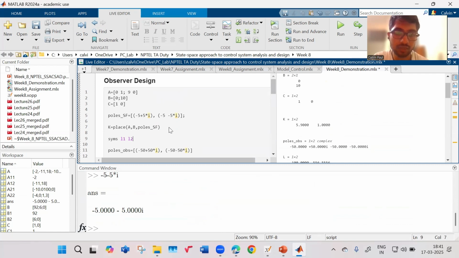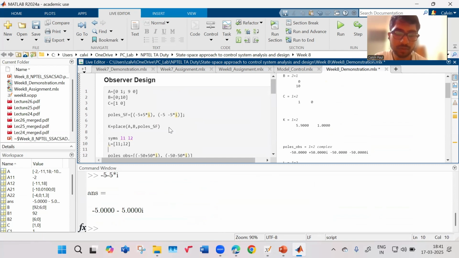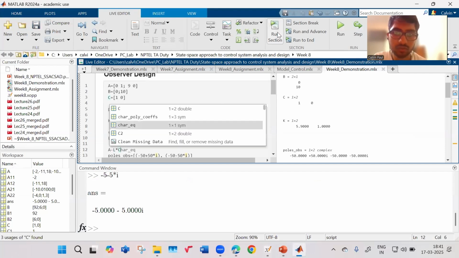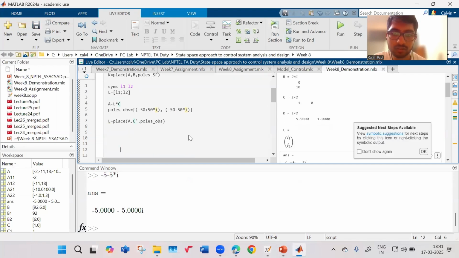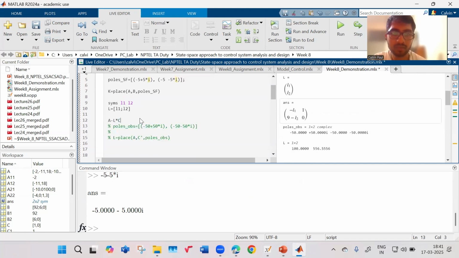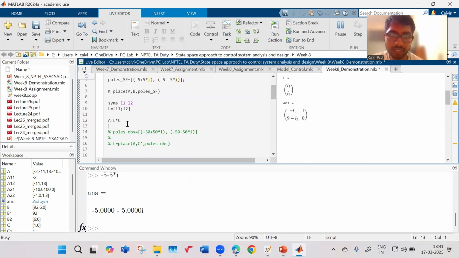We have L equal to L1, L2. A minus L into C. Let me comment this out. So this is A minus LC. This is the observer matrix A minus LC.